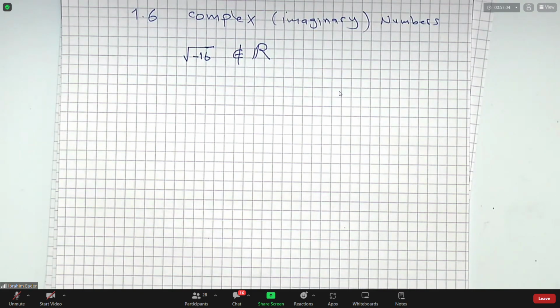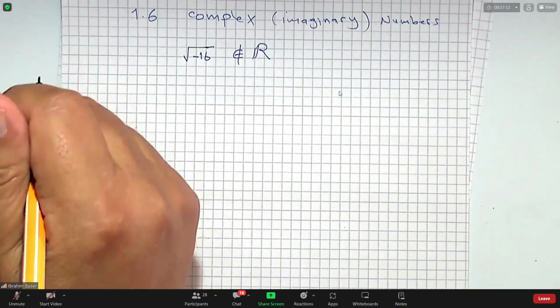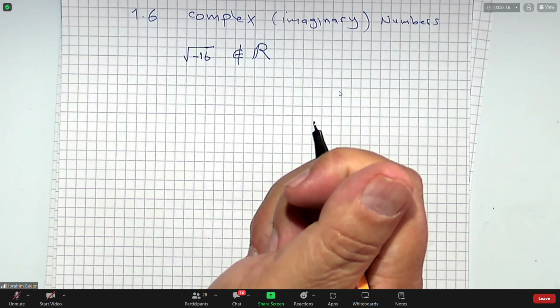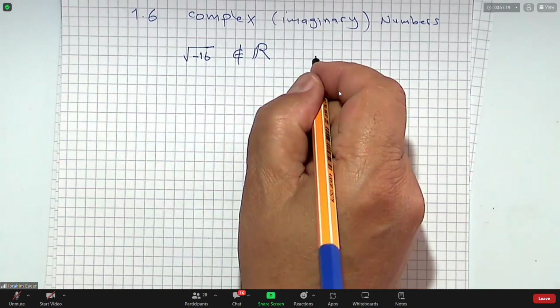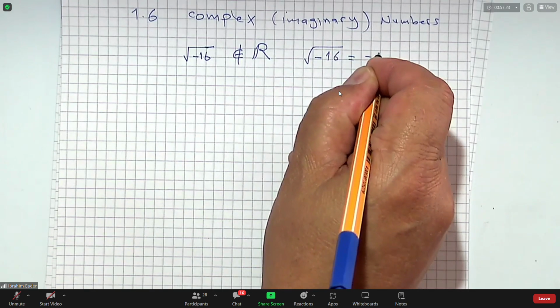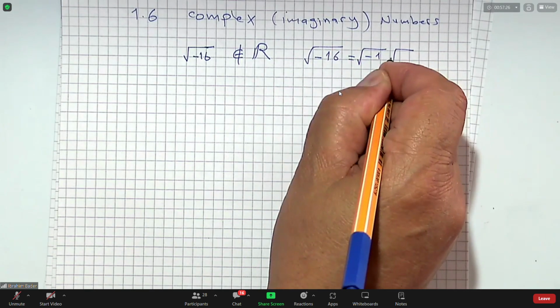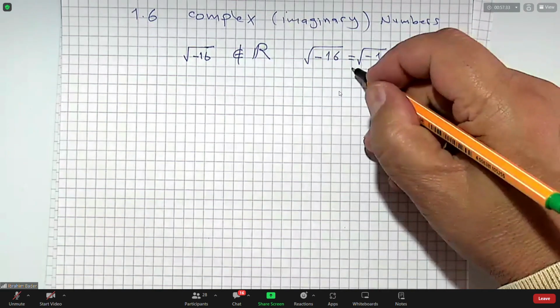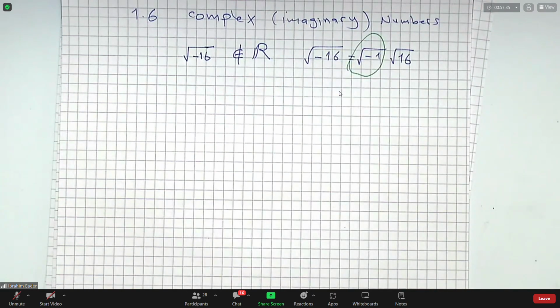So that's why mathematicians always find solutions, not always straightforward. They said, well, the square root of negative 16 is just equal to the square root of negative 1 multiplied by 16. That means if we solve the problem with this root of negative 1, we solve the entire problem of any negative root.